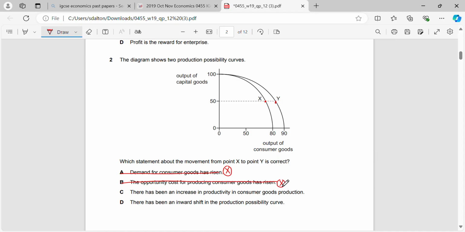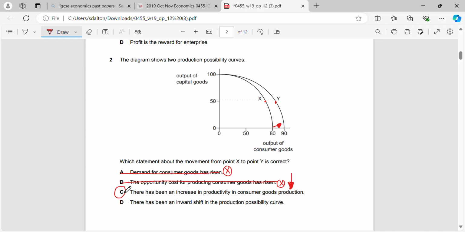What we can see is that we can now produce more consumer goods because we've shifted to the right, but we're making the same amount of capital goods. If we're producing more consumer goods, that means our opportunity cost for consumer goods must have come down because we can now make more of them. So what we'd have to give up when we're choosing to make capital goods is less consumer goods than we would have before.